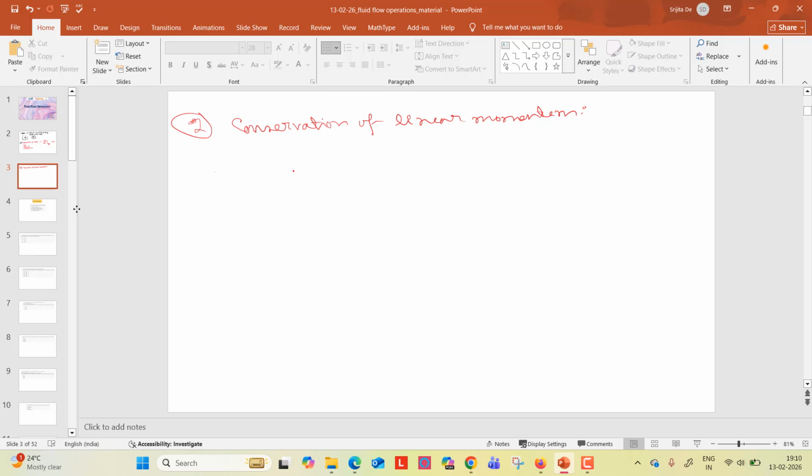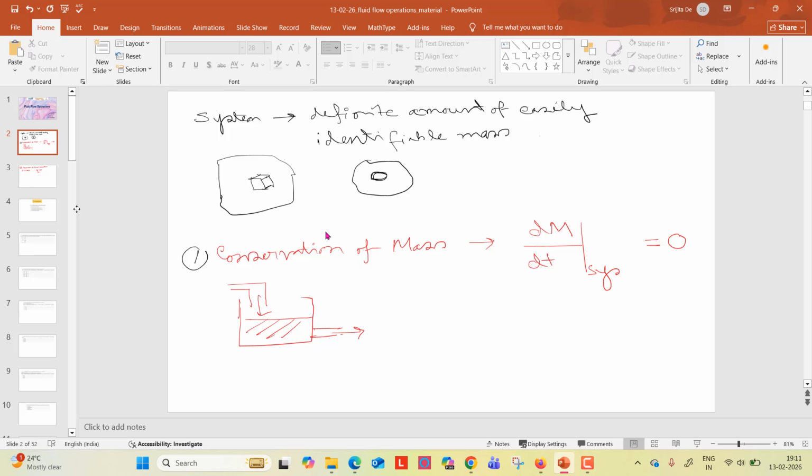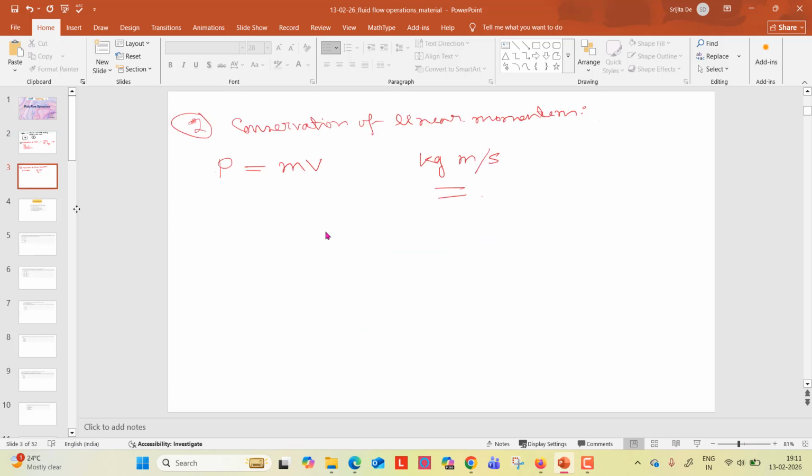Momentum means, suppose P is your momentum, P is mass into velocity. So what is the unit of momentum? Kg meter per second, right? So this is your momentum unit. So since previously also we have seen that conservation of mass means mass is not changing with time of the system, then conservation of linear momentum means linear momentum also will not change with time.